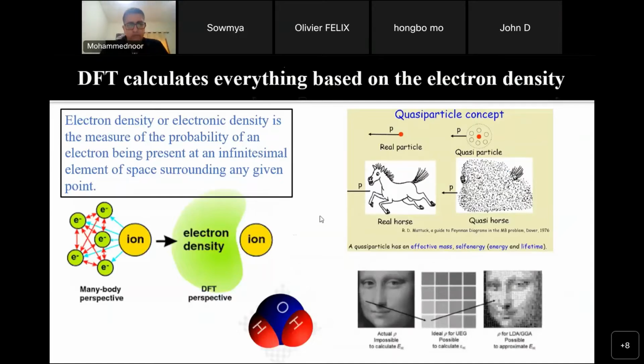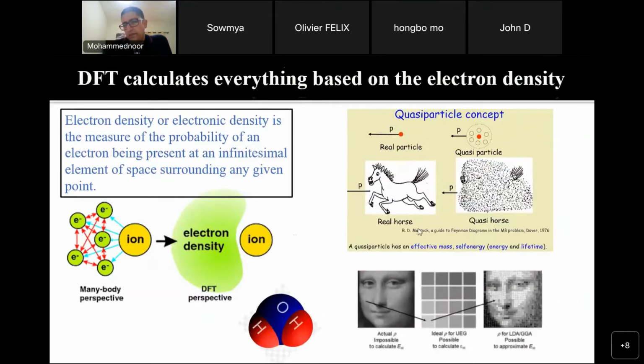In fact, if you look at an ionic system, we describe it from a many-body perspective, like we have one electron here, this is where the electrons are. But this is an oversimplification. What happens in reality? We have a cloud of electrons that we call the electron density. For example, if you look at the picture of this horse, it looks very well organized.